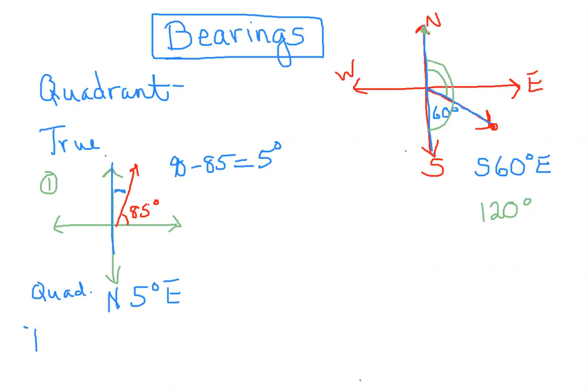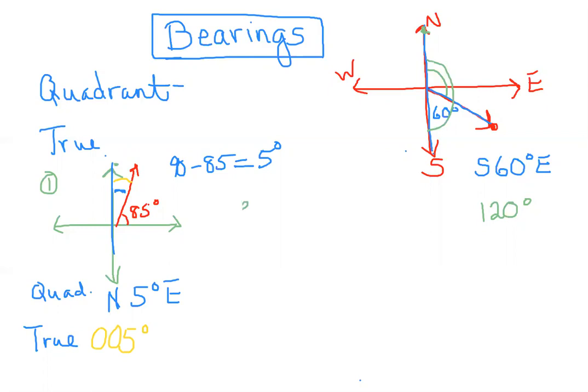And the true bearing is from the north, which is right here, to the vector. So the true bearing is going to be this angle right here, which is 5 degrees, but we always use 3 digits, so we'll put 2 zeros in front of it, and that's the true bearing.